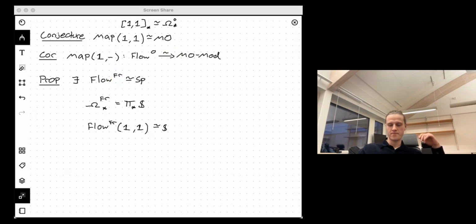And I think you can cook up a lot more infinity categories of flow categories with any tangential structure that you might want to see, and you can get out a stable infinity category, and you can identify it with modules over some Thom spectrum. I think you should be able to do that. And I think that's it from me. Thank you.